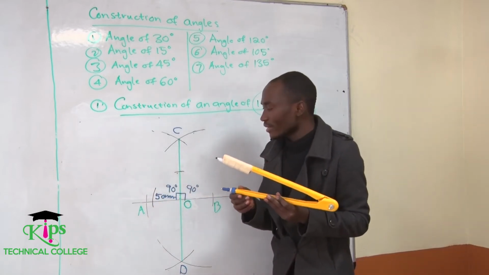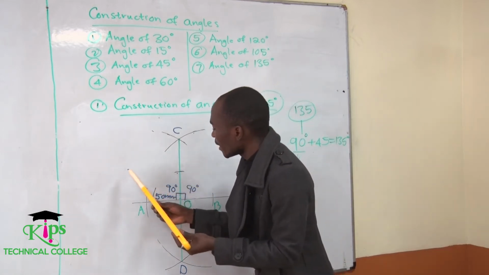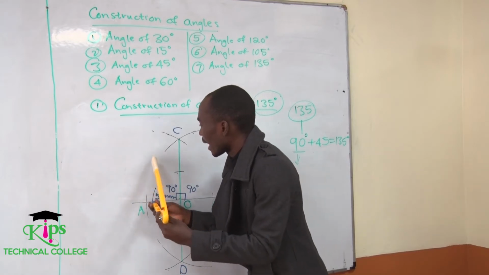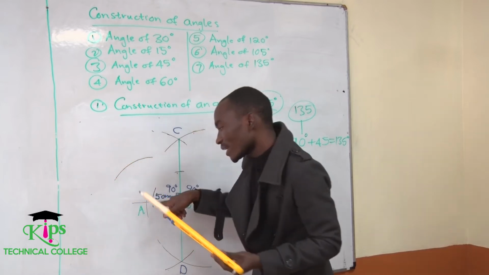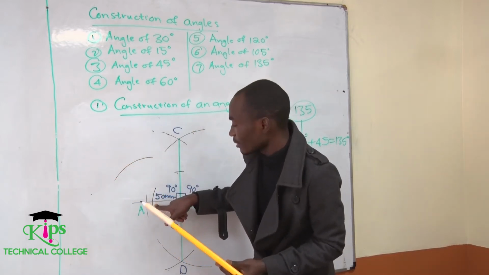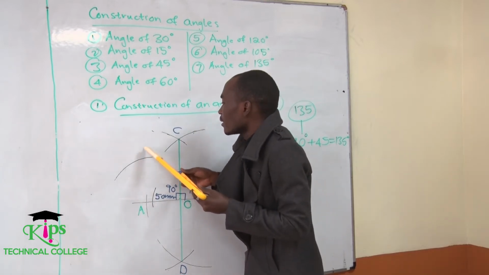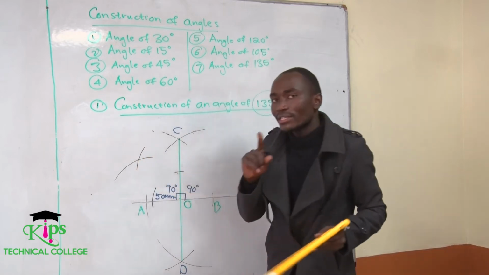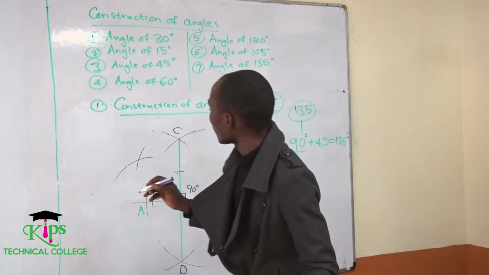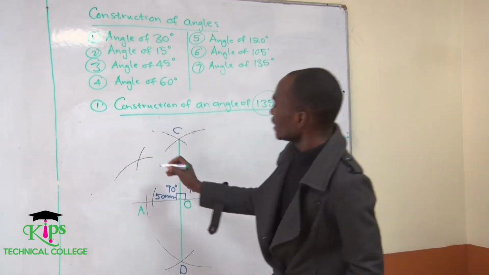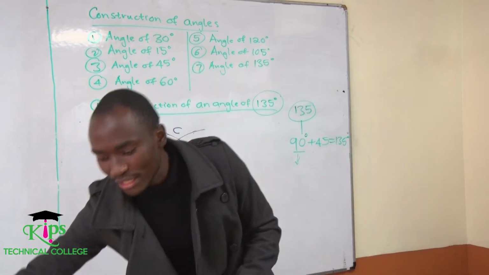Then standing on the same arcs that I've made, I will stand on this arc and again on this other arc which is here. Wherever those two arcs intersect, let me call it point E.